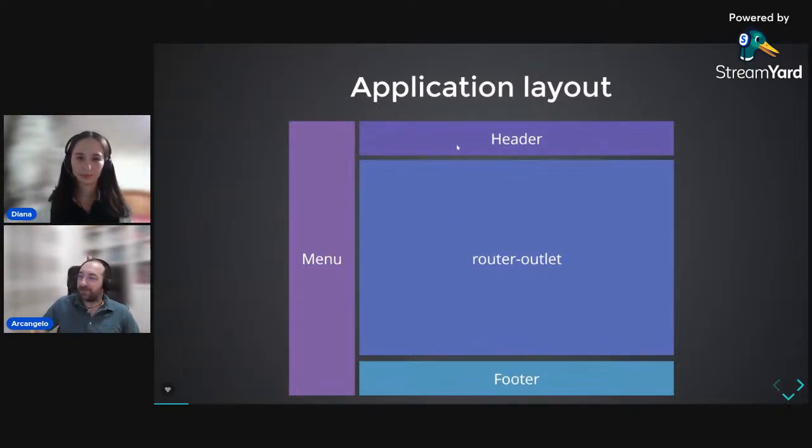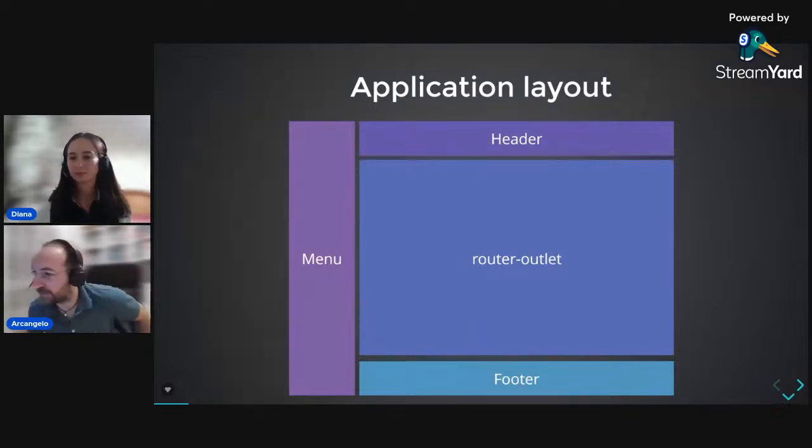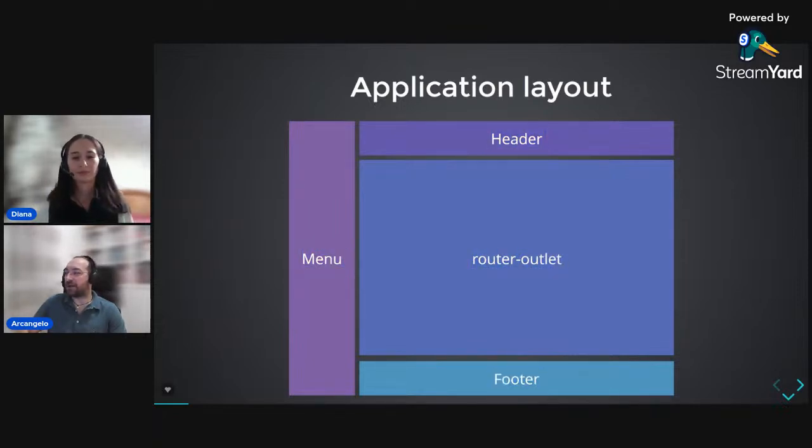So thanks, Diana. I was saying that you can have different components that form your application frame, where you have header, menu, and footer, and then this router outlet where you can render different components based on the route, based on the path.